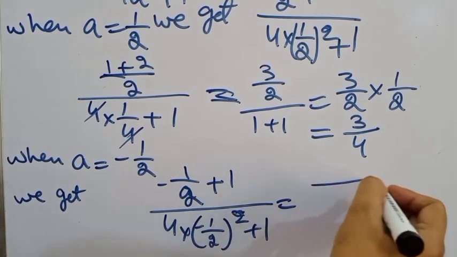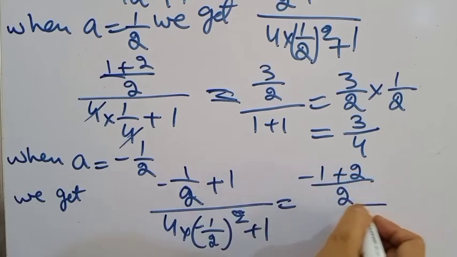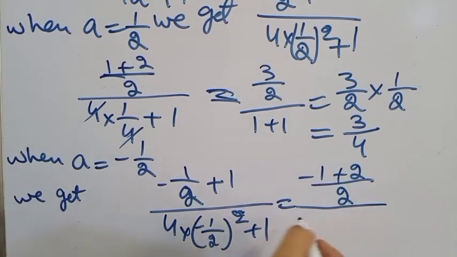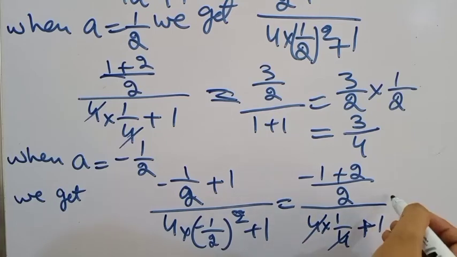This is equal to 2 minus 1 plus 2 whole divided by 4 into 1 by 4 plus 1, and this cancels.